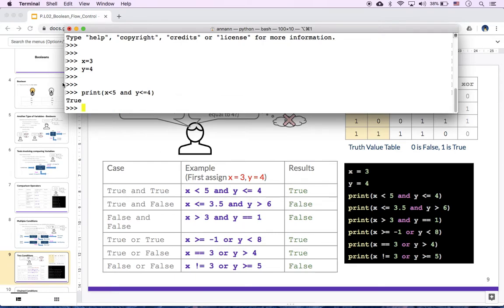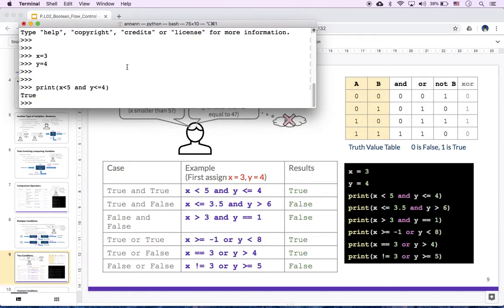Okay, then it's true. Because we know that x is 3, so it's smaller than 5, true. And then y is 4, so y is smaller than or equal to 4, also true. So true and true would be true. Okay, true and true. This is the result of and, so it's true.